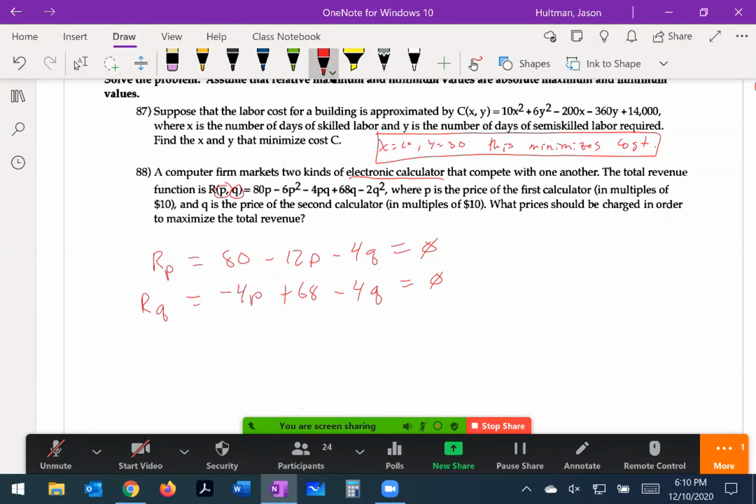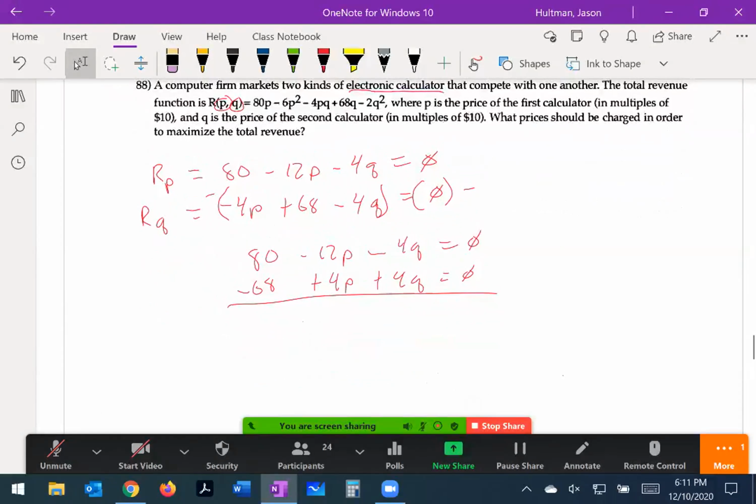So if I were to multiply this one through by a negative, then I would get 80 minus 12P minus 4Q is equal to 0. And I'm going to switch this around. I'm going to do negative 68 plus 4P plus 4Q is also equal to 0.